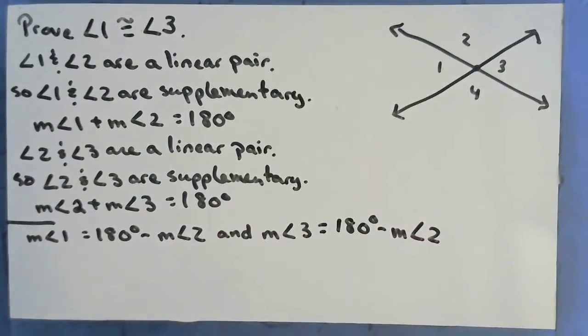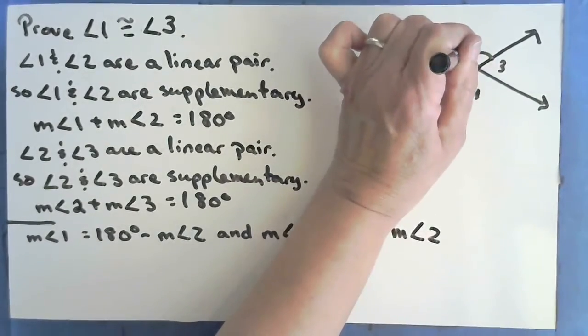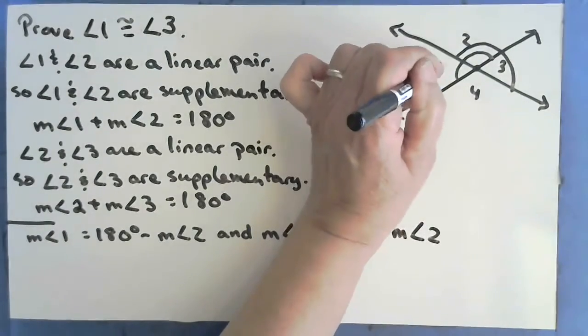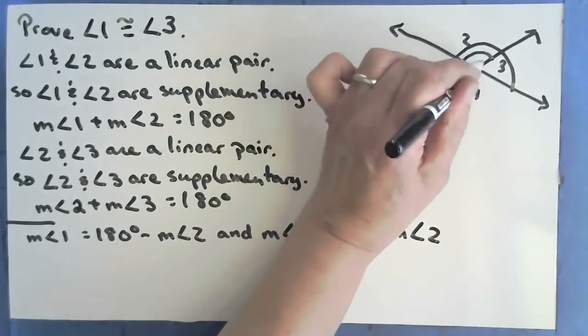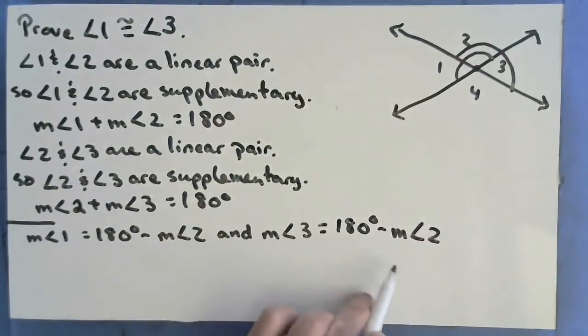So let's look at this. These two angles add up to 180 degrees. These two angles add up to 180 degrees. This linear pair shares an angle with this linear pair. They both have angle 2 in common, and they both add up to the same thing.